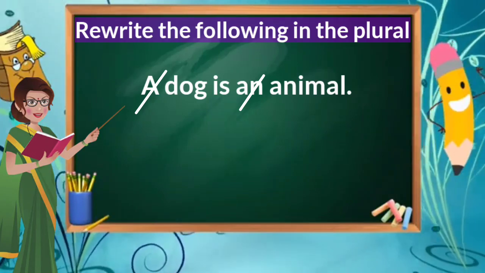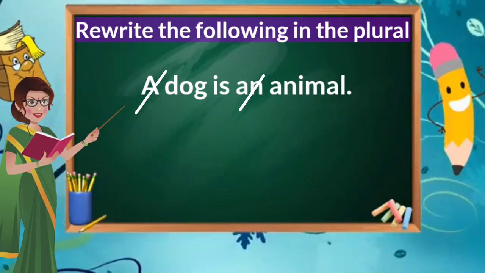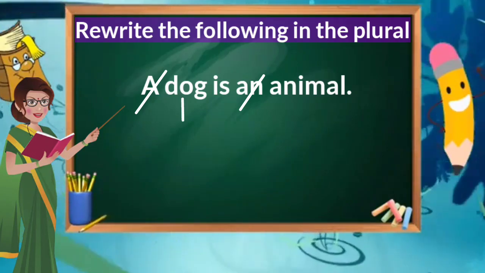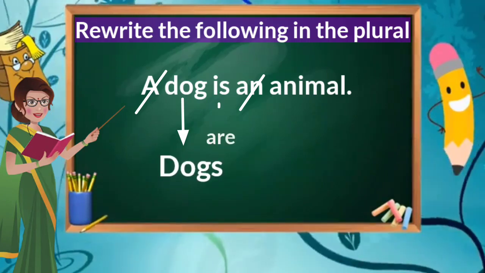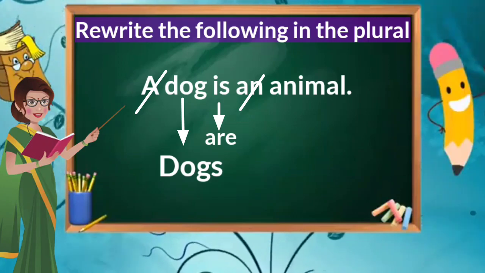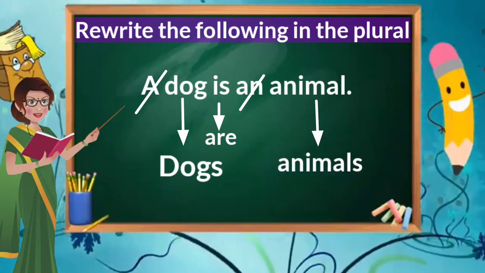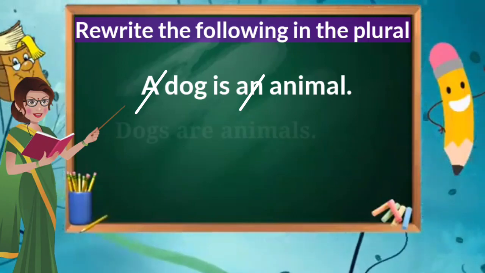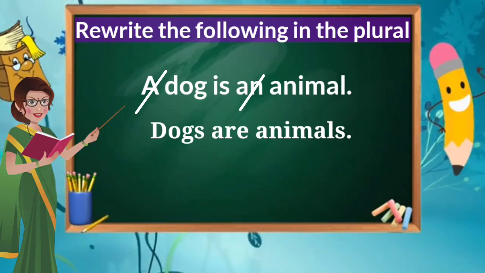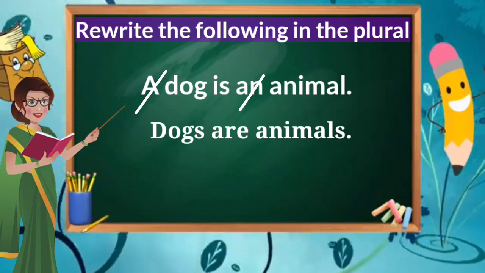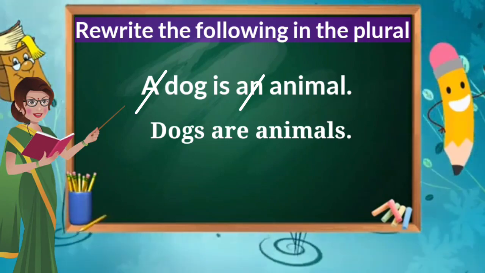Then what is the plural of dog? Dogs. What is the plural of is? Are. What is the plural of animal? Animals. Now very simple. Dogs are animals. This is the correct answer.